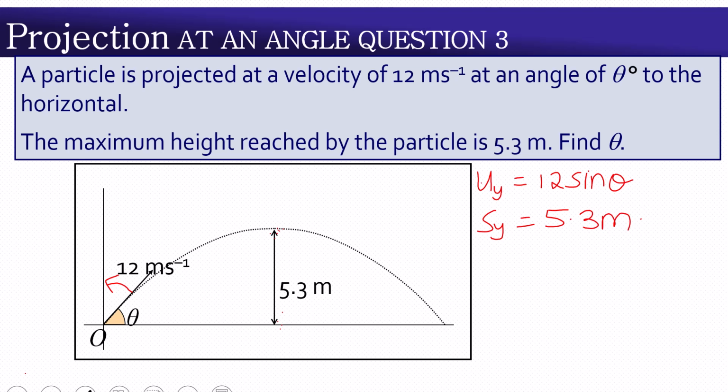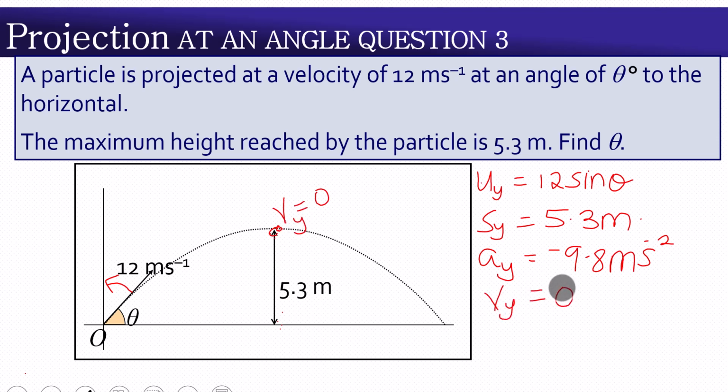Then acceleration in the y will be negative 9.8 meters per second squared. Then the velocity at that point is equal to 0. That is velocity in the y. V in the y is equal to 0 meters per second. And then lastly, the time to reach this point, we do not have it and we may not need it.